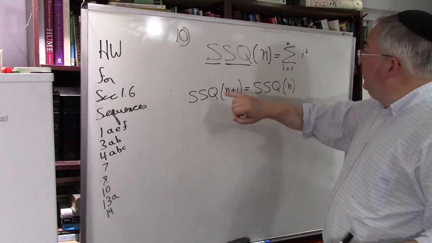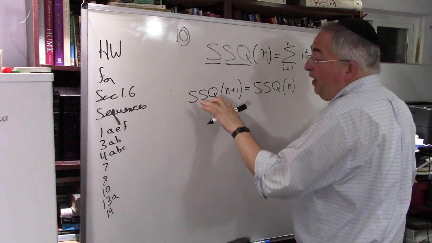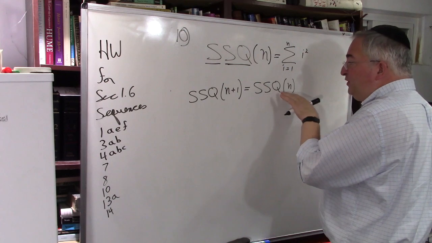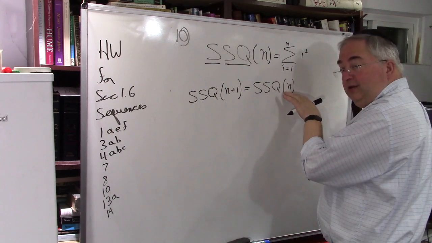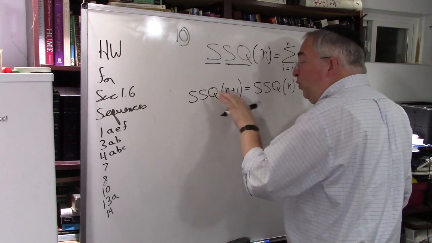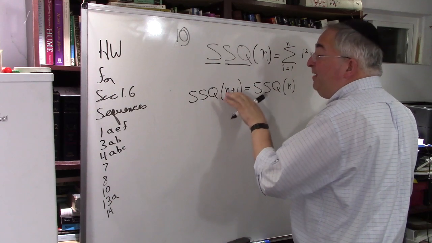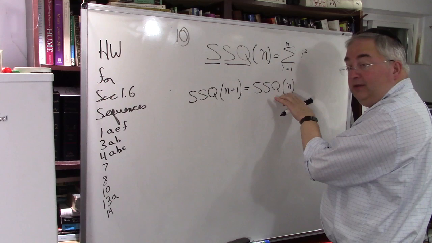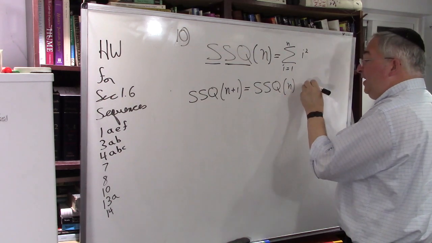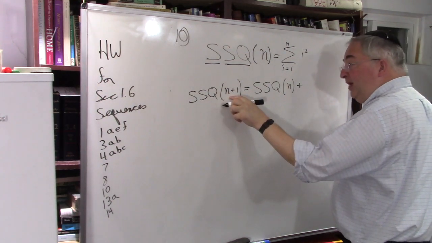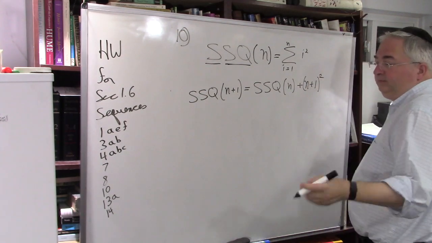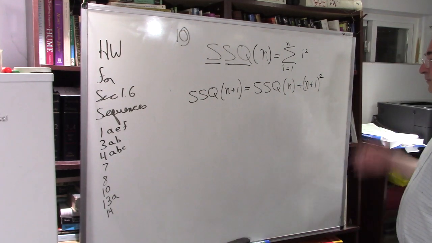So this says add up all the square numbers from 1 till n plus 1. This says add up all the square numbers from 1 till n. So if you want to do all the numbers from 1 till n plus 1, add up all the numbers from 1 till n, and then add the number n plus 1 squared. That's it.